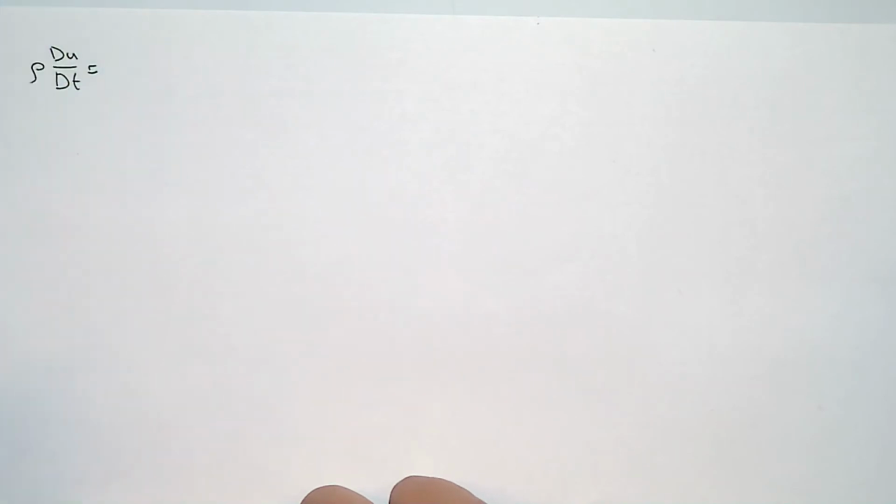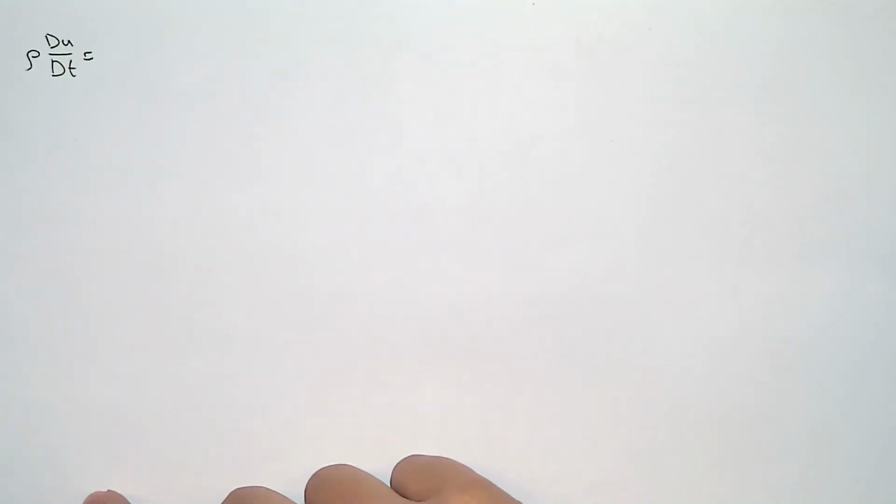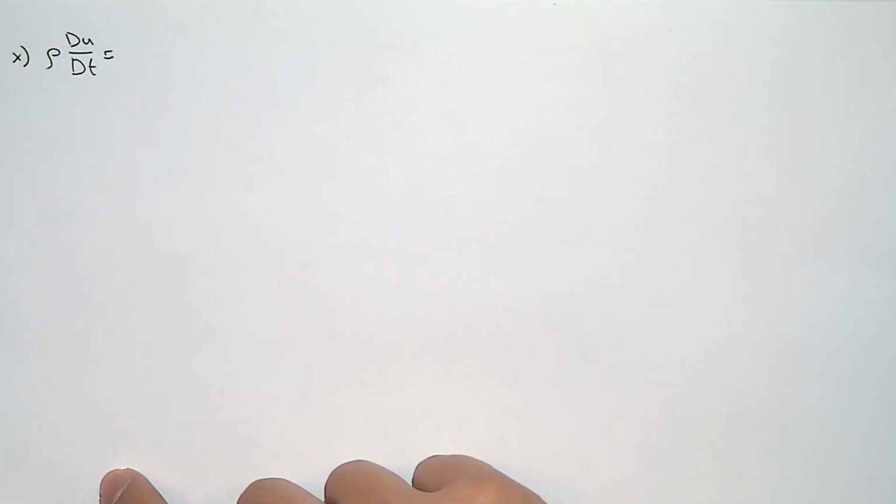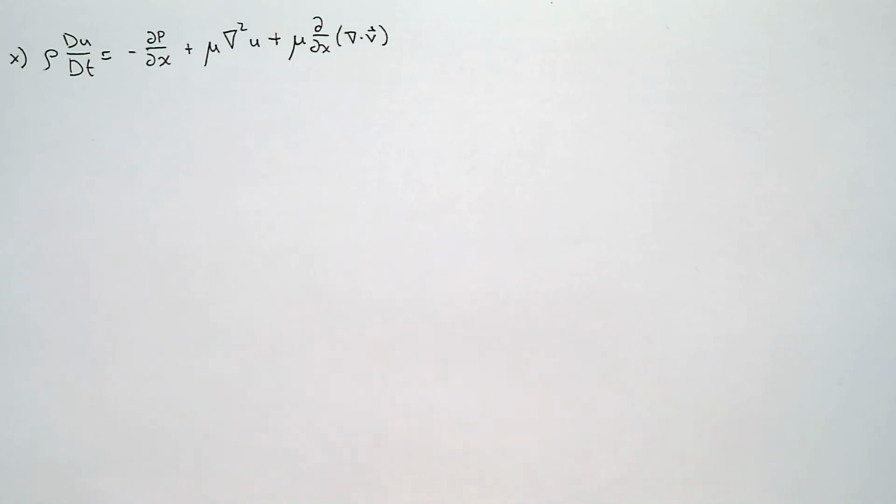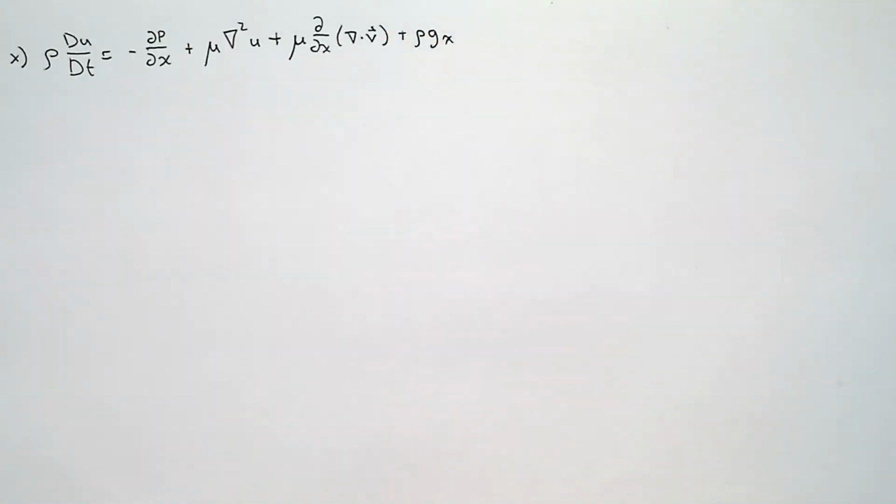We get that the density times the acceleration, and this is all x component, remember, this is all for the x direction of my velocity, is equal to negative ∂p/∂x plus mu Laplacian of u plus mu ∂/∂x of the dilatation rate, or the divergence of the velocity field. And don't forget your body force.